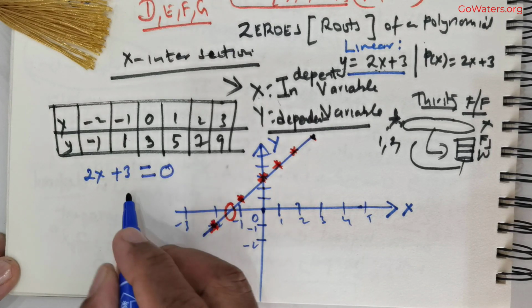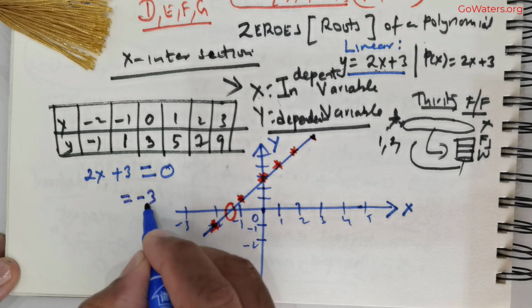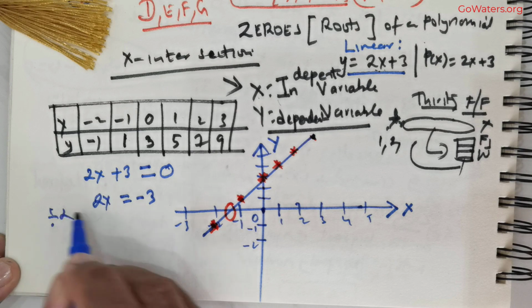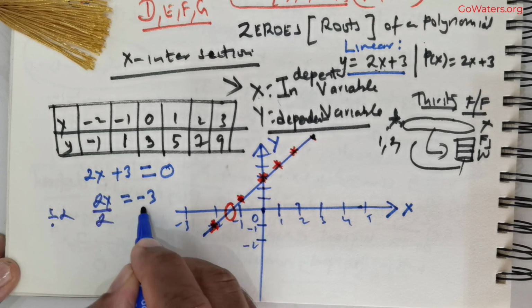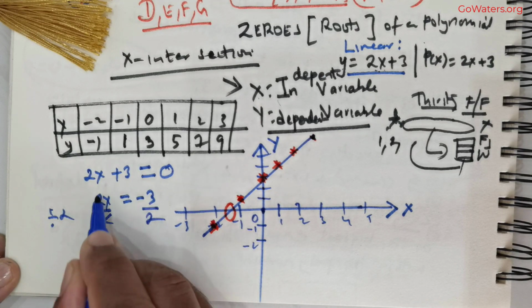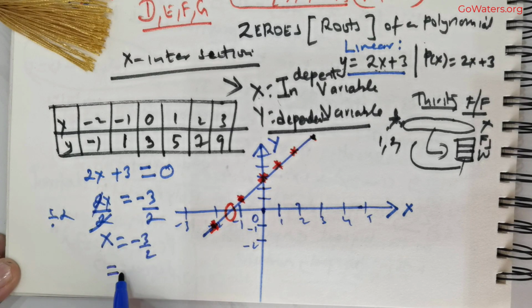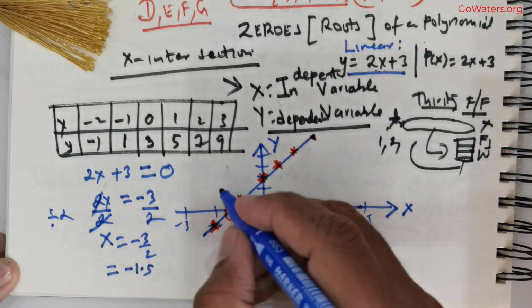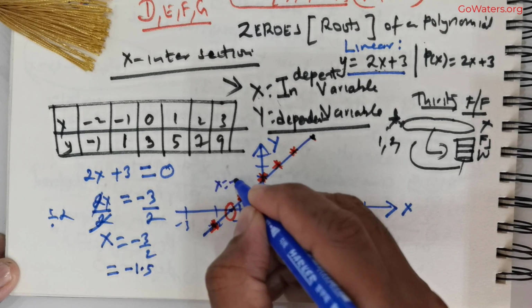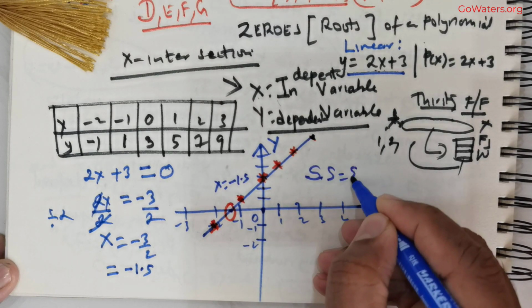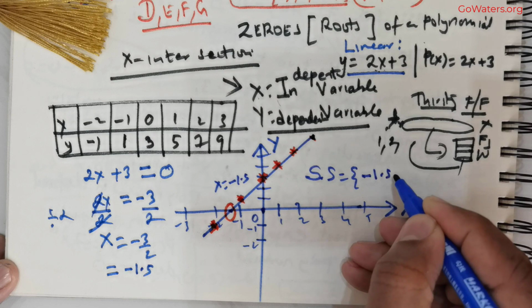You push this 3 to the other side, you get negative 3. So 2x is equal to negative 3. Now you divide by 2 on both sides. 2 and 2 get cancelled. I get x is equal to negative 3 over 2, which is negative 1.5. So at this particular point, x is equal to negative 1.5. If they're asking you to write the solution set, you have to say negative 1.5 is the solution set.